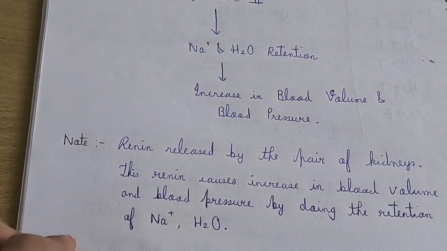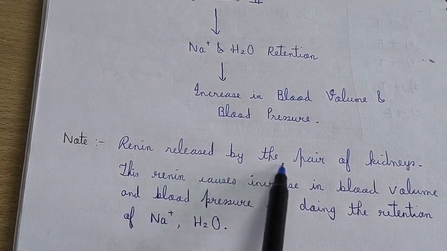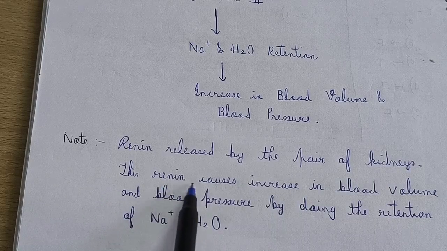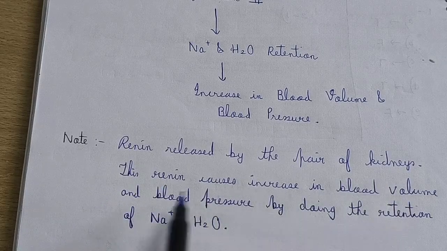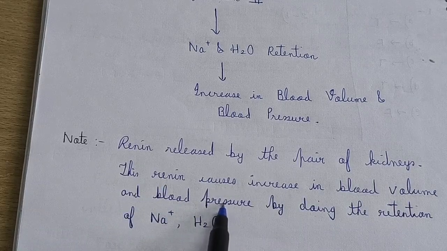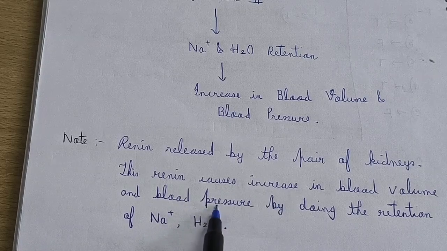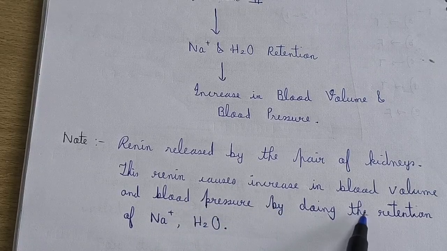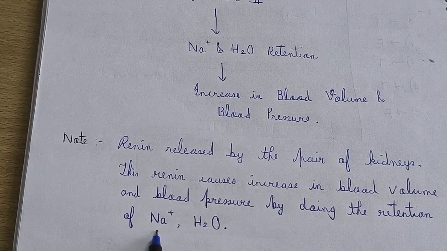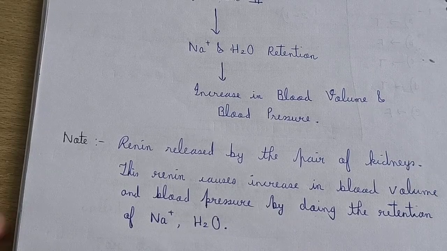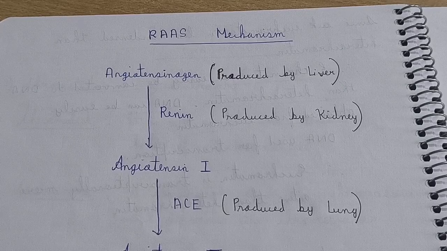So simply remember that renin, released by the pair of kidneys, causes an increase in blood volume and blood pressure. And how is this increase in blood volume and blood pressure done? It is done by the retention of sodium and water. So this is the main concept of the RAS mechanism.